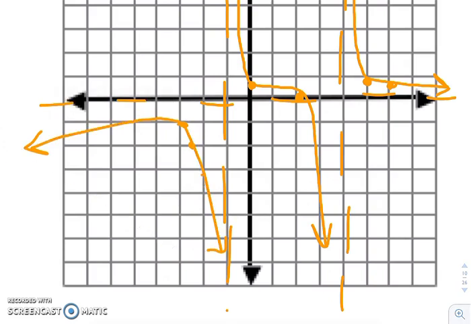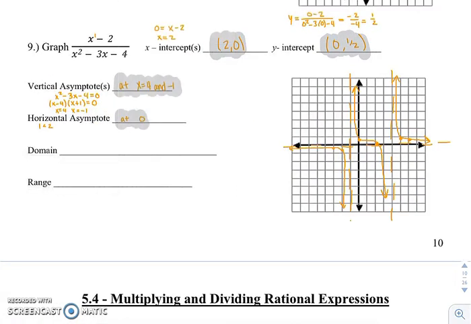Not gonna work. Stop being lazy. So, there we go. That's better. Okay, so hopefully it takes you a lot less time to graph that.